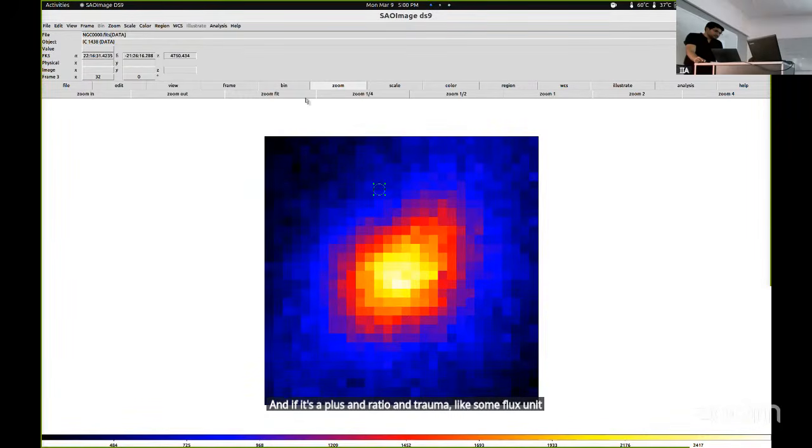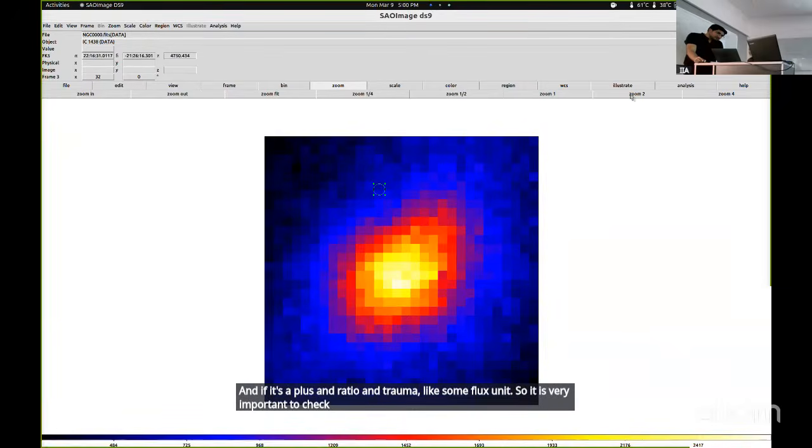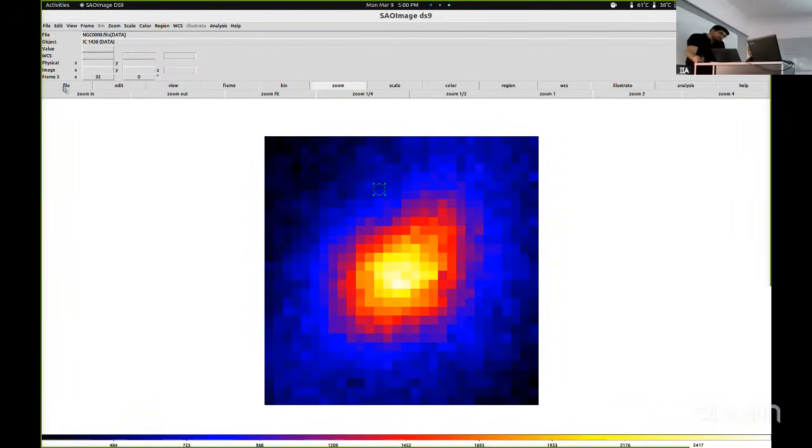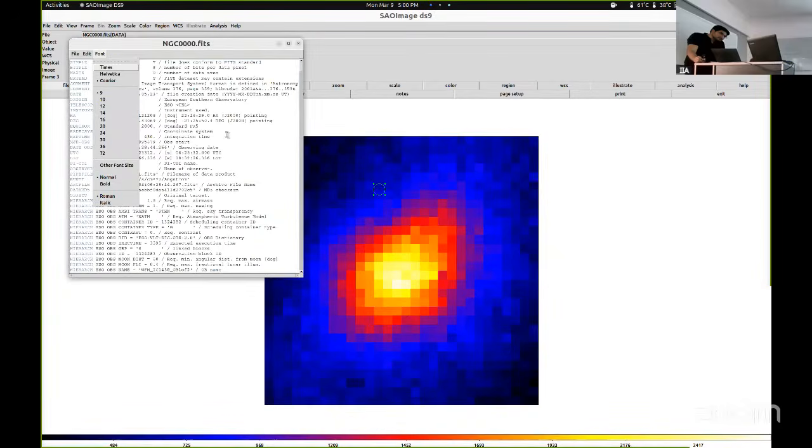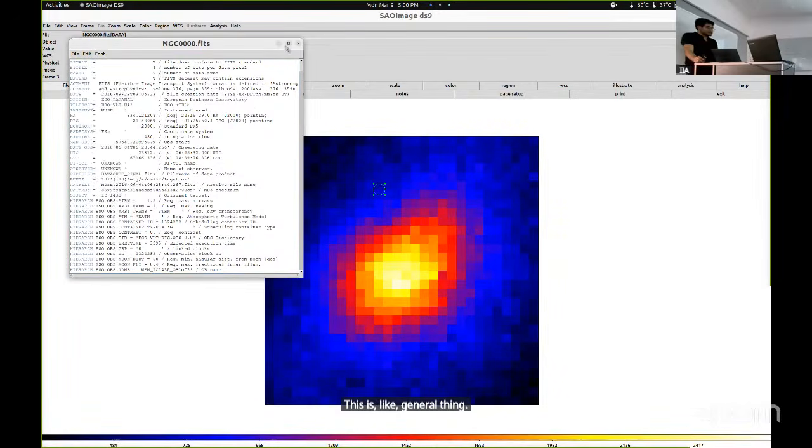So it is very important to check the data. We don't have time, so this is some basic analysis I showed you.